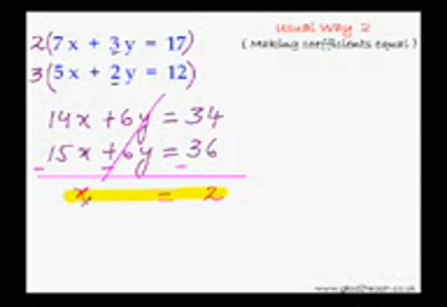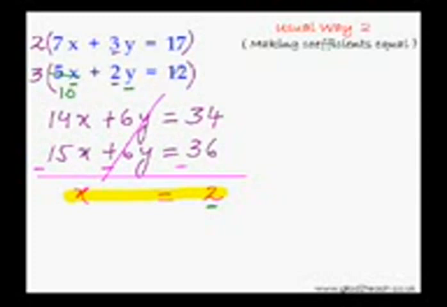Once you have the value of one variable, finding the value of the other variable is very easy, and it is more or less the same in every method. Just put this value of x in any of these two equations. I'll prefer this one. So 5 times 2 is 10. 10 plus 2y is equal to 12.